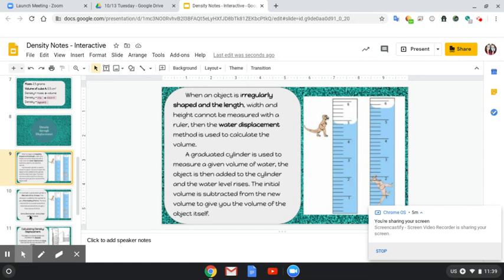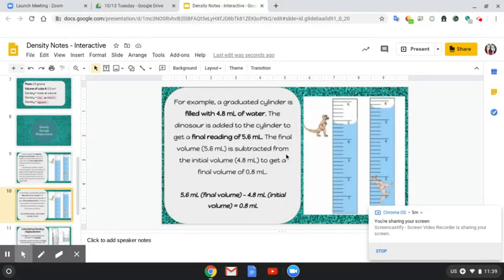So you gotta subtract. So in this case, we filled it with 4.8 milliliters of water, and the dinosaur added, raising that up all the way to 5.6 milliliters. So if you take the final volume and you subtract the initial volume, you will get 0.8. So you're just subtracting the two.